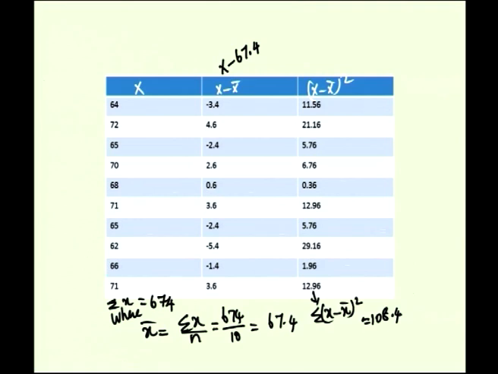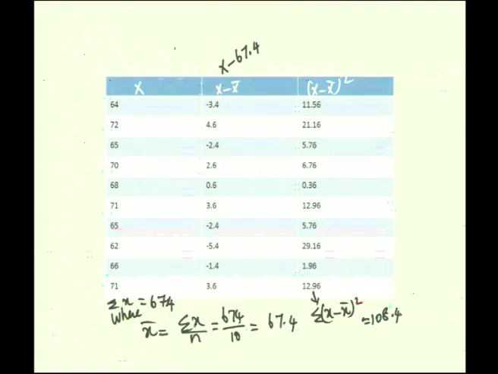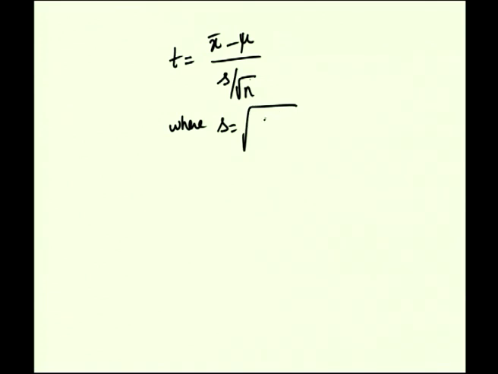we will calculate the 95% confidence interval for the population mean. So, t is equal to x bar minus mu divided by s by root n, where s is equal to root of summation x minus x bar whole square by n minus 1. So, summation x minus x bar whole square we just found out as 108.4 by 9, and s is 3.4705.